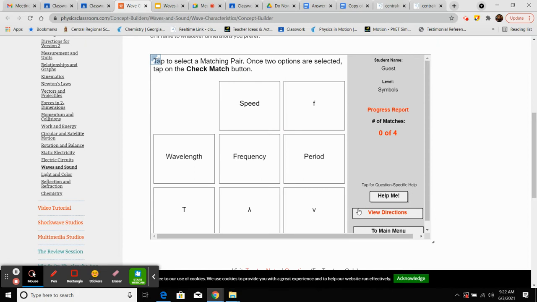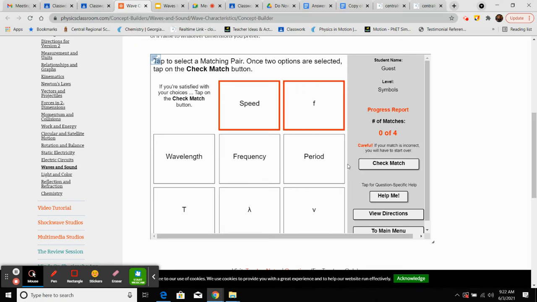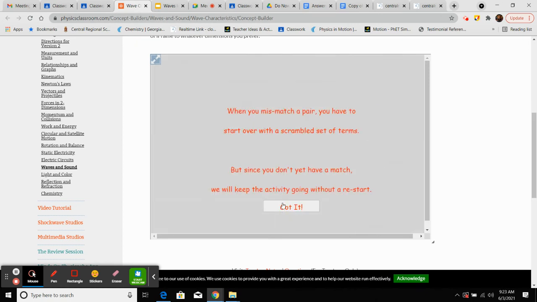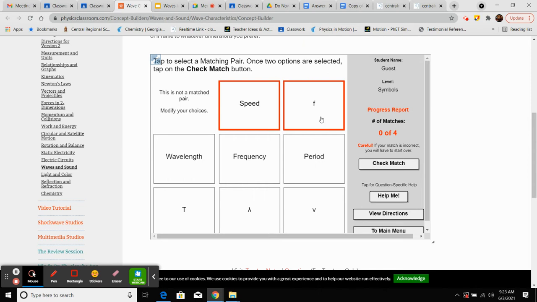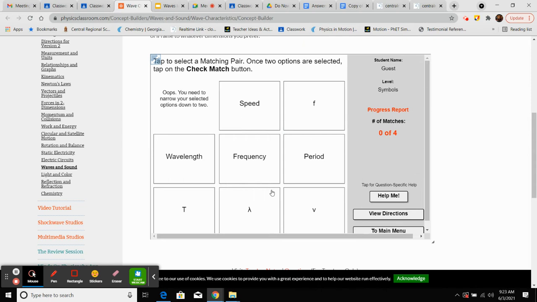Let's see if you got these symbols, dog. Speed is F? You sure? No. You're not sure? Are you sure? Let's check it. Okay.